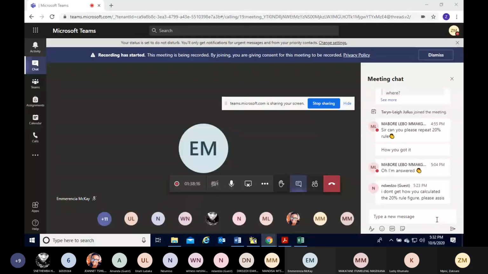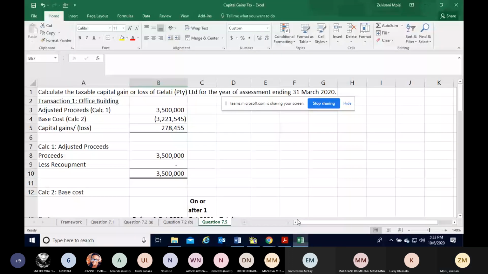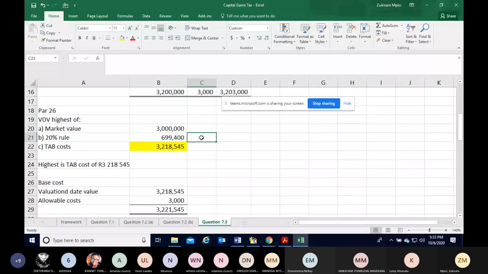Right. If you can quickly unmute yourself whilst everyone is still reading 7.6. For the 20% rule, in this particular case, we say proceeds, in brackets adjusted proceeds, less allowable costs.